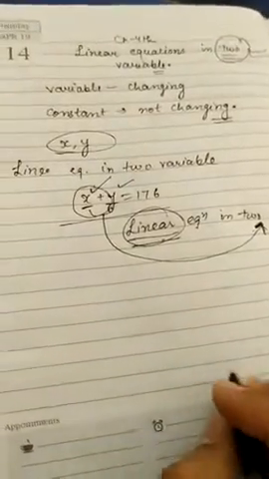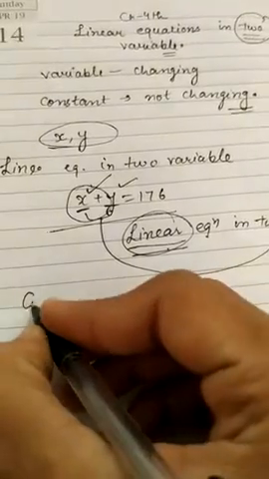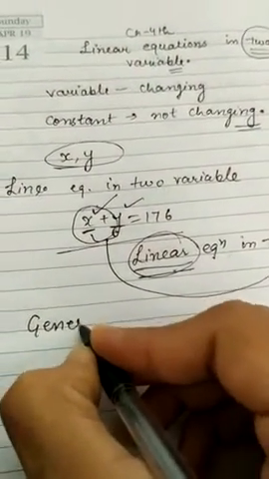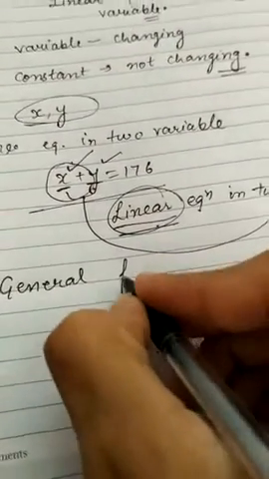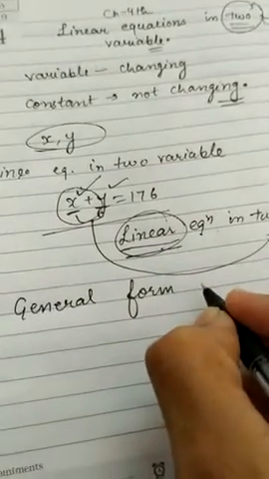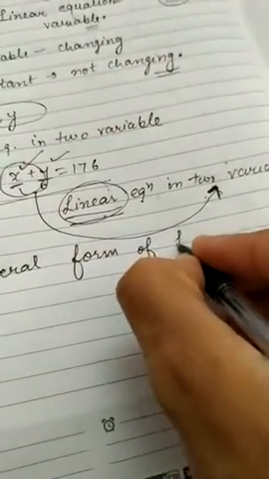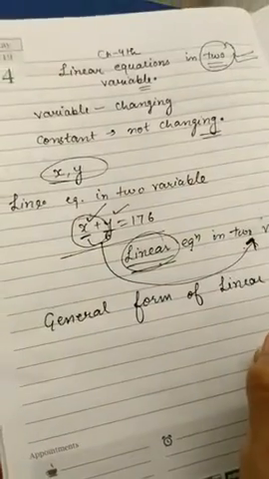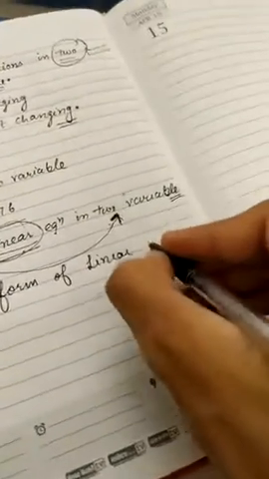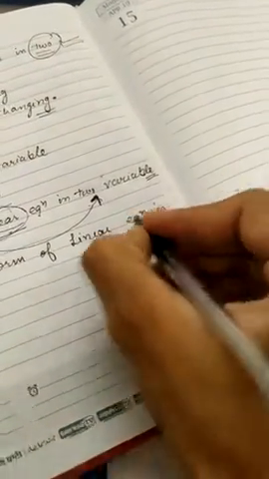Next is the general form of a linear equation in two variables.